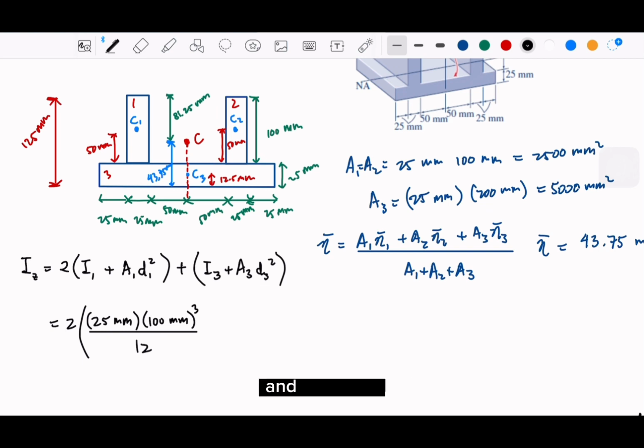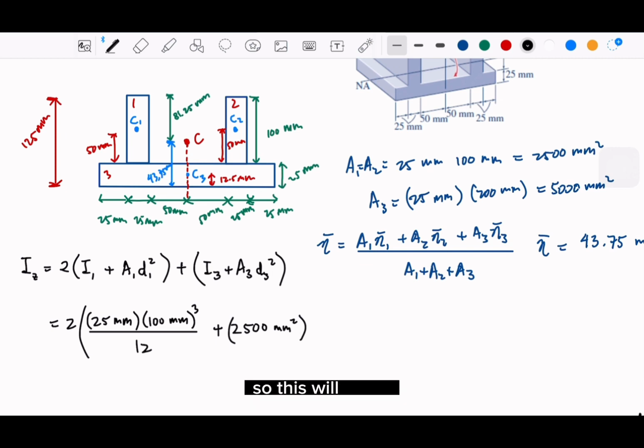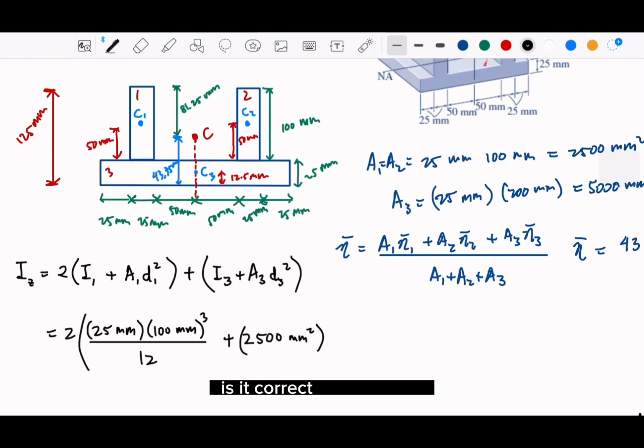Okay, this is the inertia, and then plus the area is 2500, and then multiply with the distance. So this will be 43, so this is 400. How do we know how far? This is going to be 75, right? Is it correct?